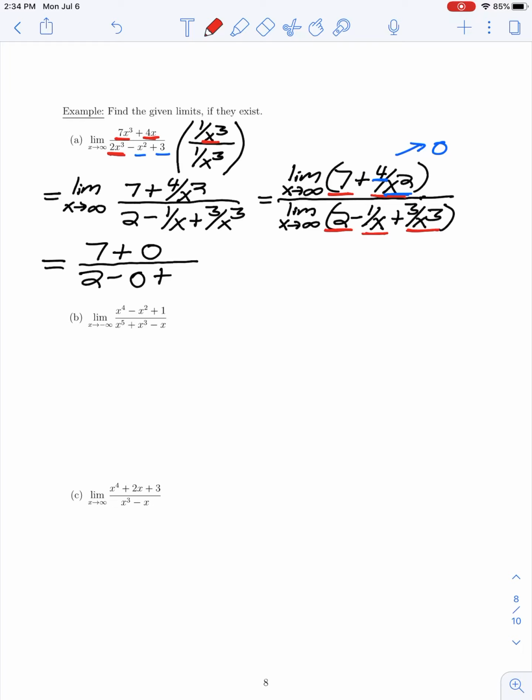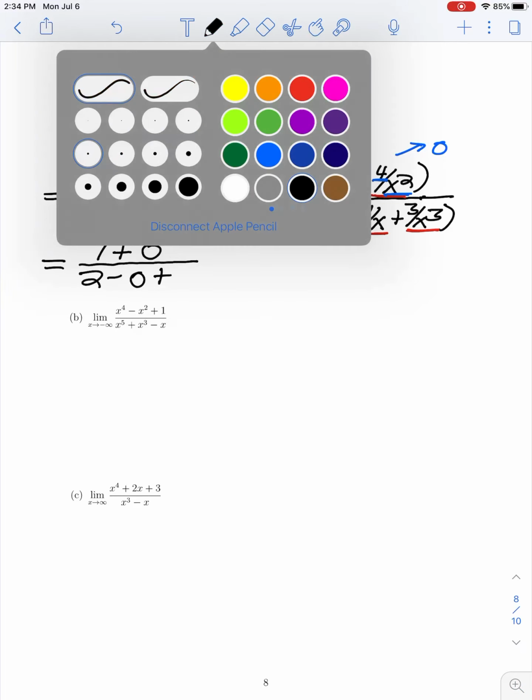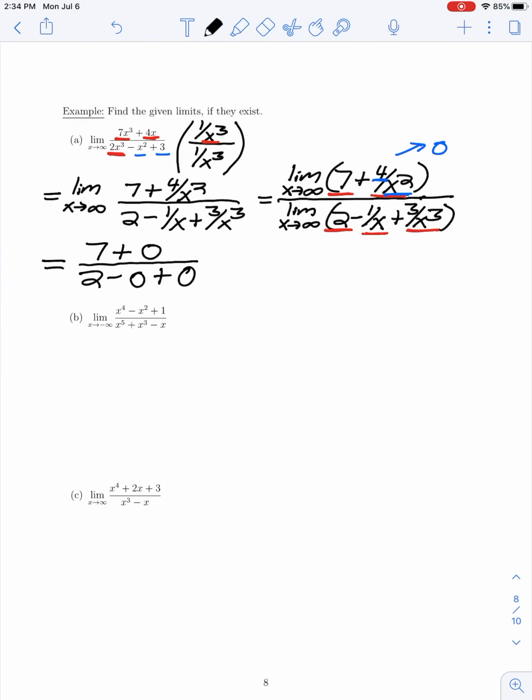Again, if we have a fixed constant 3 and we're dividing by larger and larger values, that ratio is approaching 0. So altogether, we're left with 7 over 2 for our limit.